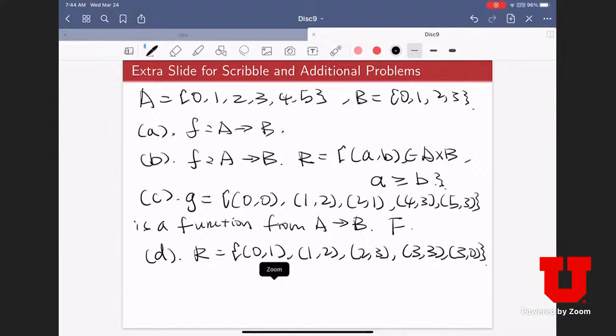So the first one, we just want to check if R is transitive, antisymmetric, and reflexive. And if R composed with R is antisymmetric.